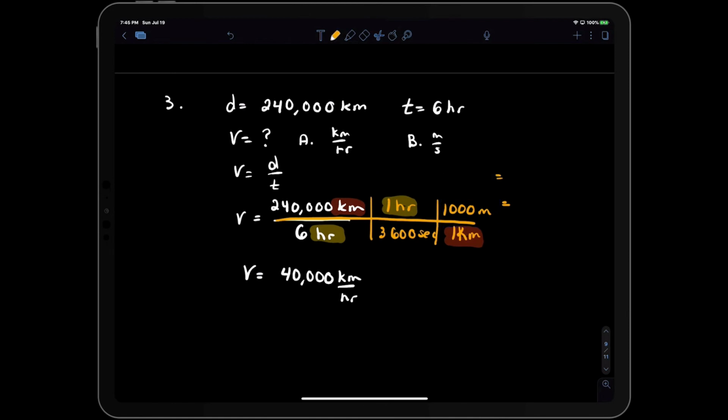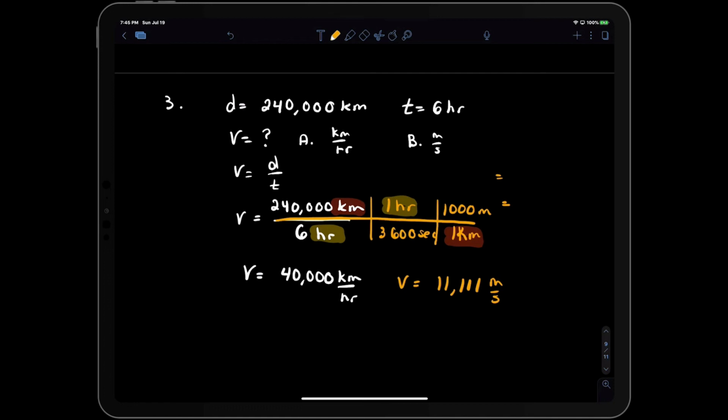So when we go to solve for this one in meter per second, we'll go divided by 3,600 times the 1,000 equals, we got some extra zeros in there. We got 11,101 meter per second. Okay.